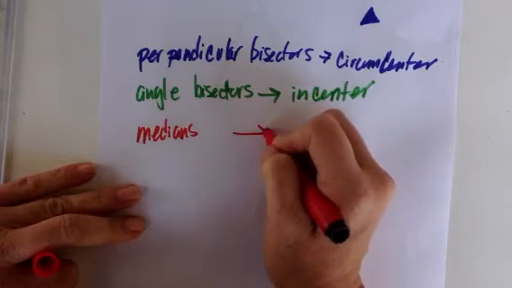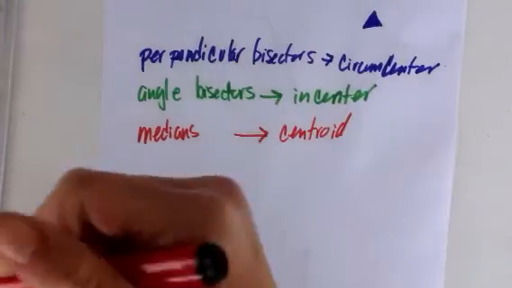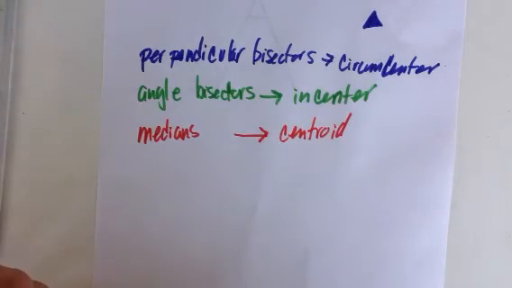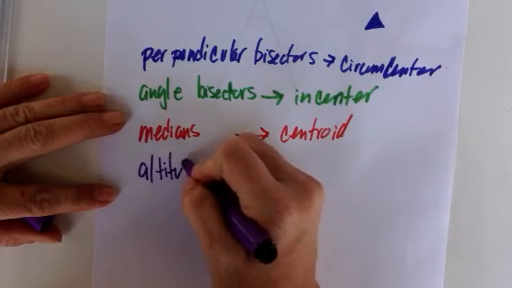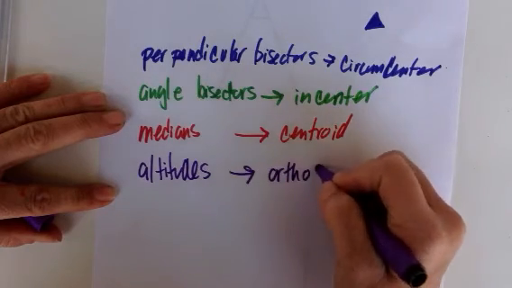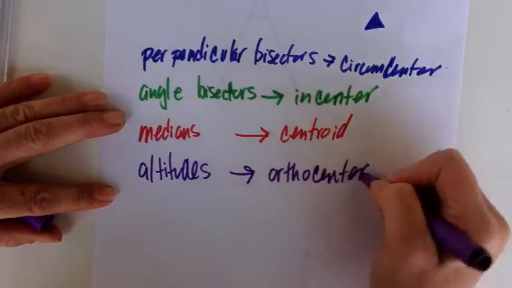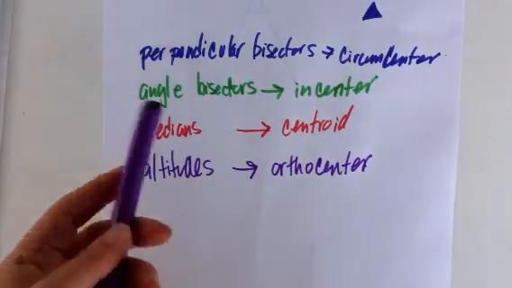The medians cross at the centroid. And the last one we did was the altitudes. And those cross at the orthocenter. You need to memorize which center goes with which segment.